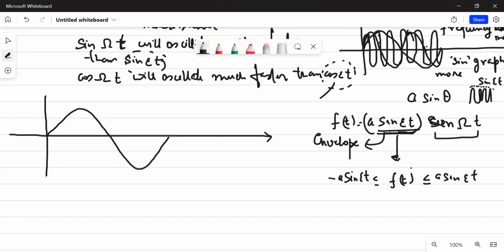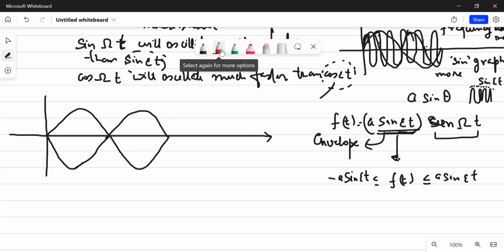So obviously this function would be enveloped between A sine epsilon t and minus A sine epsilon t. Okay, is that clear?